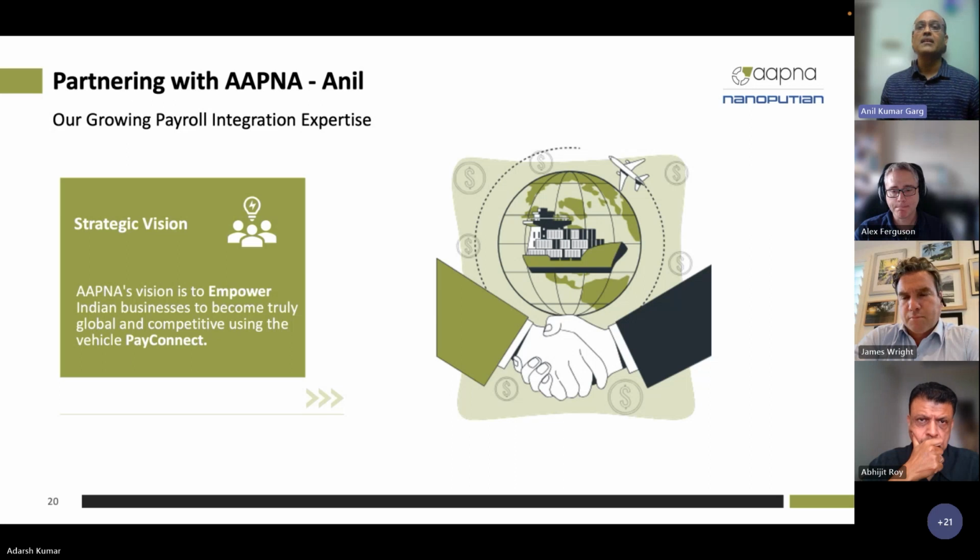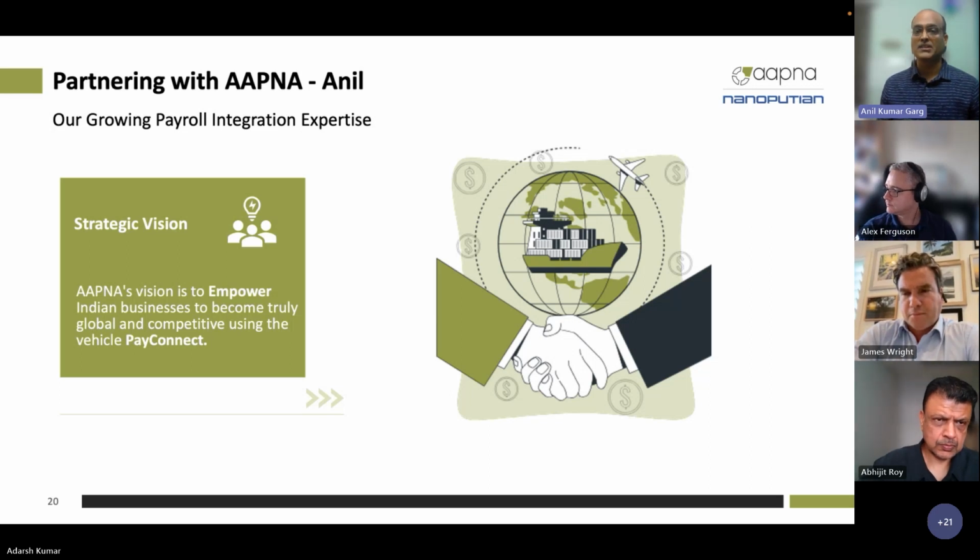We believe that integration is the key to this transformation, and PayConnect is our vehicle of choice to make it happen. Our journey towards this vision is marked by our growing expertise in payroll integration. We understand that payroll is at the heart of every organization, and seamless integration is paramount. Here's where our partnership with NanoConnect truly shines.